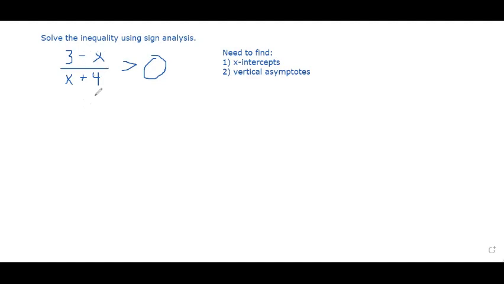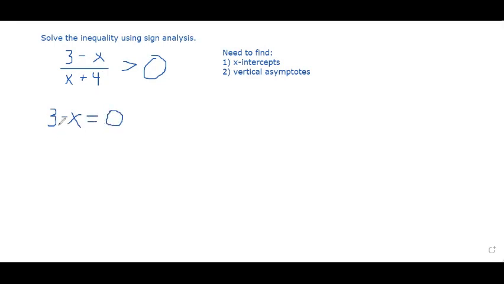So really all we have to do is set the numerator equal to 0, and that will give us the values of x that make the entire function equal to 0. So if we set the numerator equal to 0, we get 3 minus x is equal to 0.